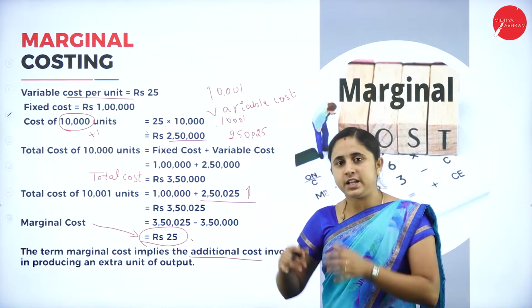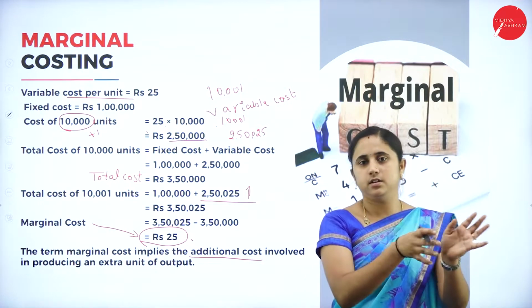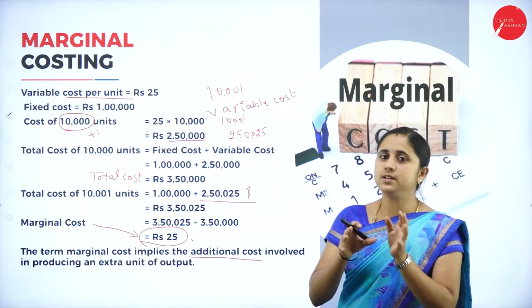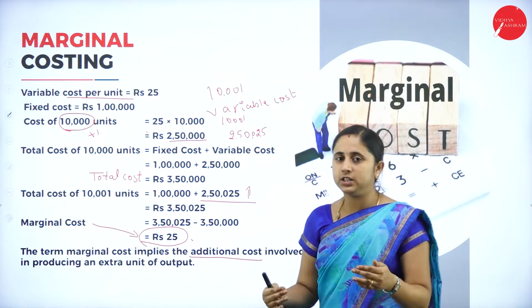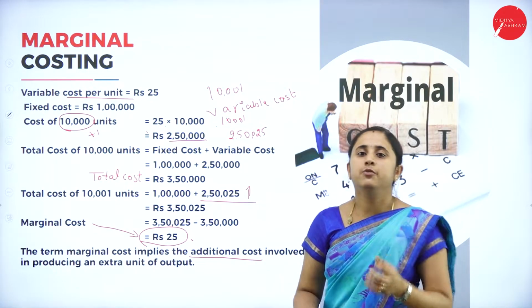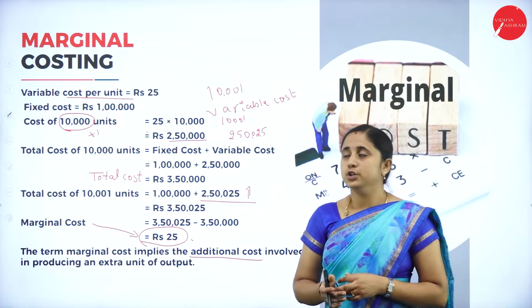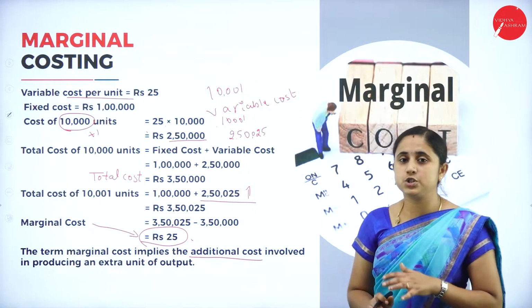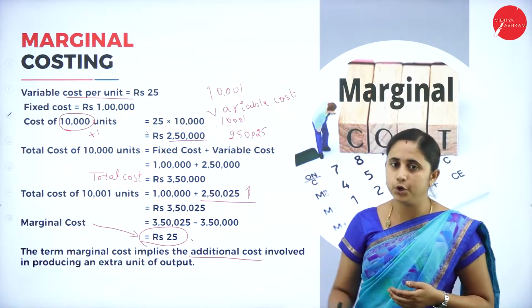Even if you are producing 10,000 units, you need to pay rent of rupees 10,000 or 50,000 per month. So if you are producing 10,000 or 20,000, the rent amount is fixed. So it will not be affected by the production units. So that is fixed cost, not affected by the number of units produced.